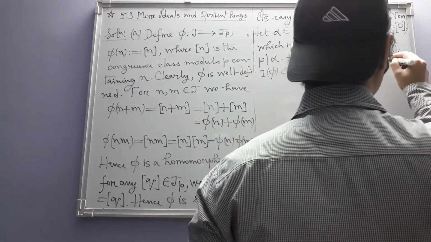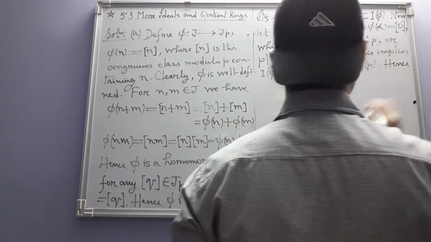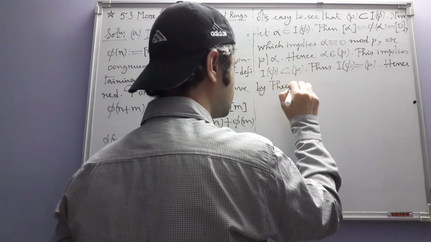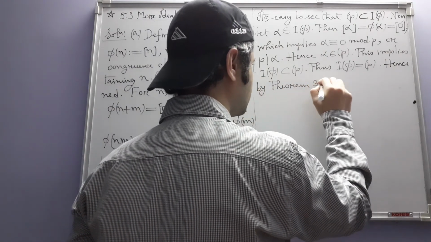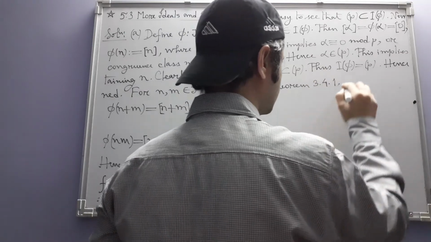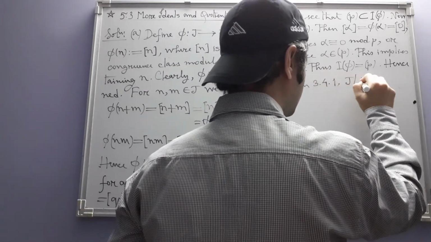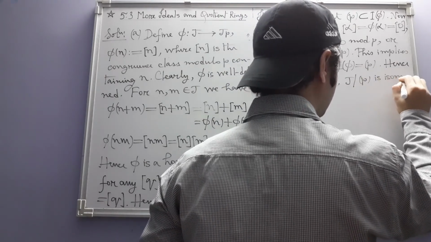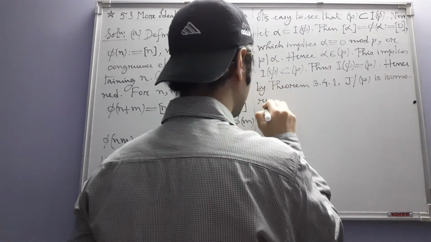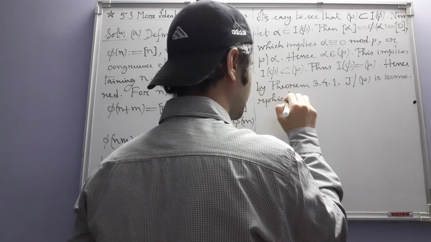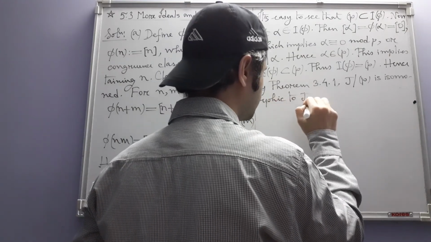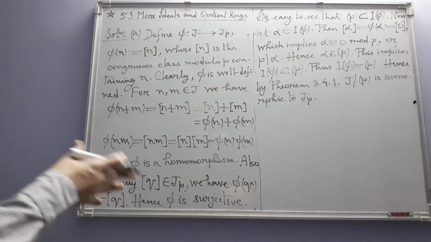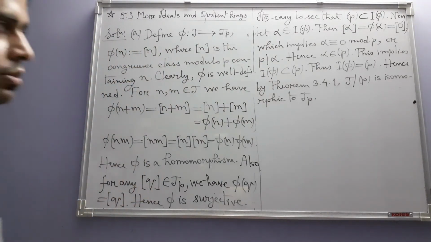Okay, so hence by theorem 341, this is isomorphic to J_p. So we have actually completed the solution to part A.